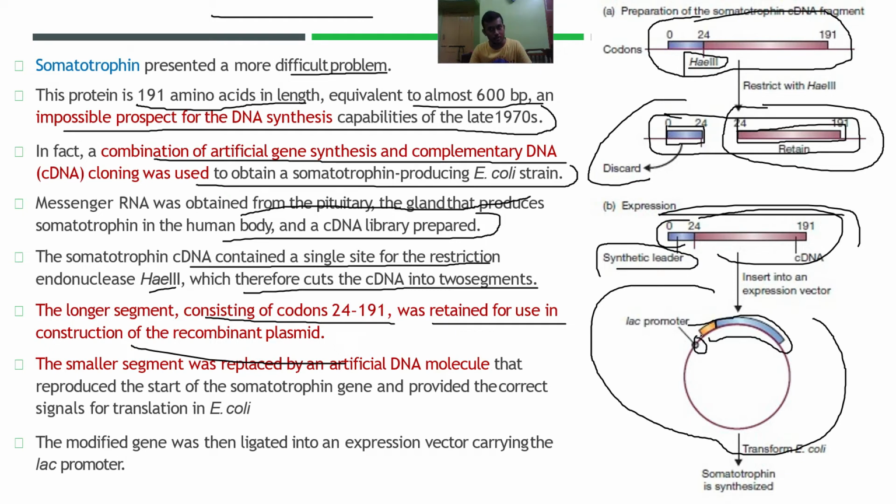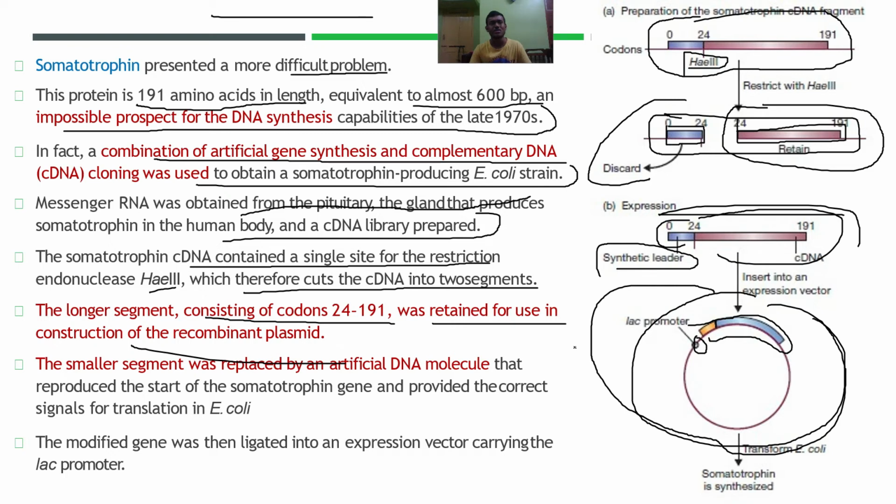So we have the lac promoter here along with the expression vector. When we use the entire plasmid and transform it in E. coli, just as we did with insulin, we get the recombinant somatotropin.